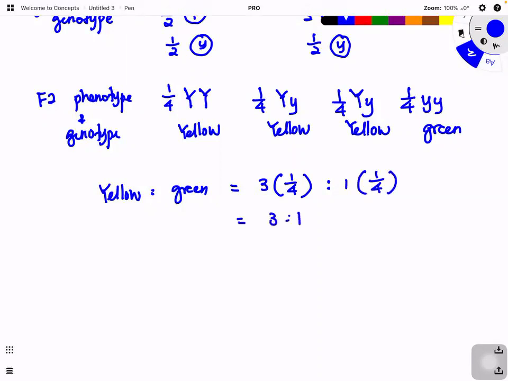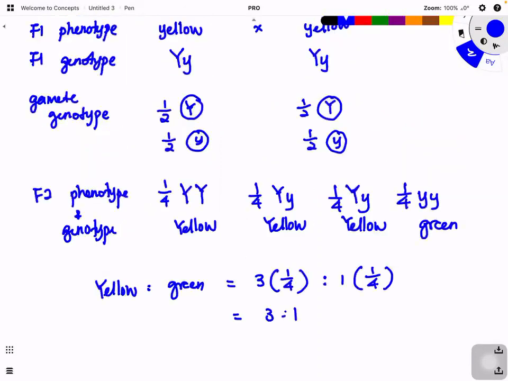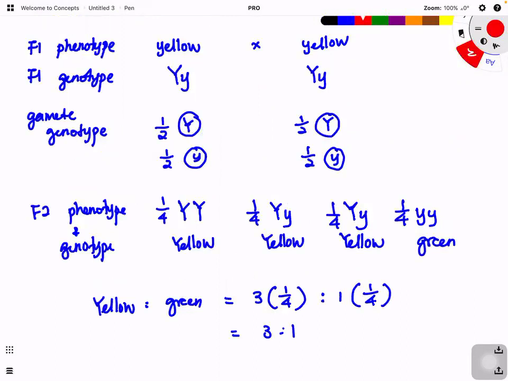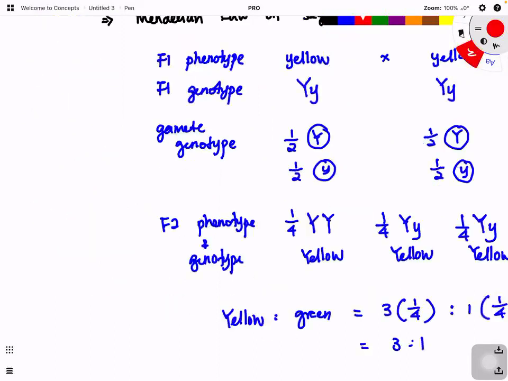Okay, in terms of constructing the genetic diagrams, there are a few things that we need to know. For the F1 phenotypes, we can always check the question. From the question, you'll be able to get the F1 phenotype. And from the question also, you need to figure out the genotypes, whether they're heterozygous or pure breeding.